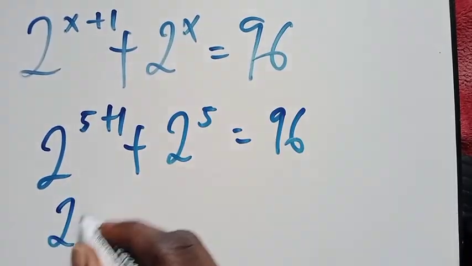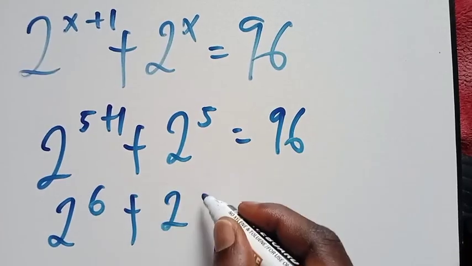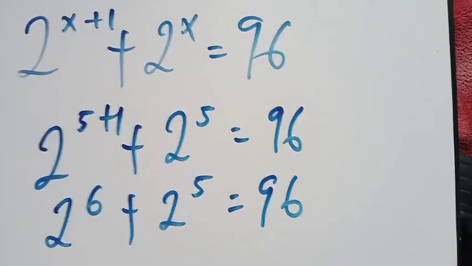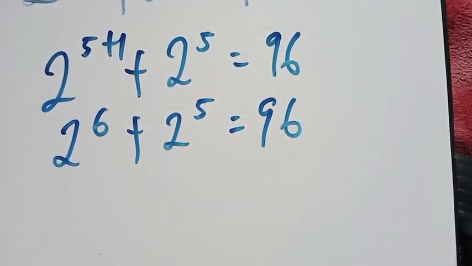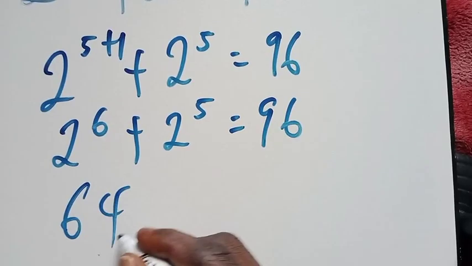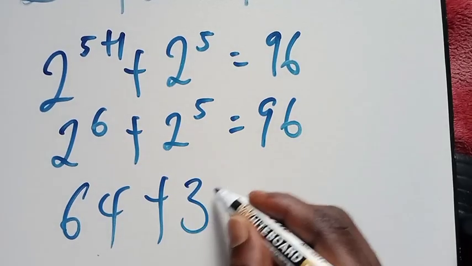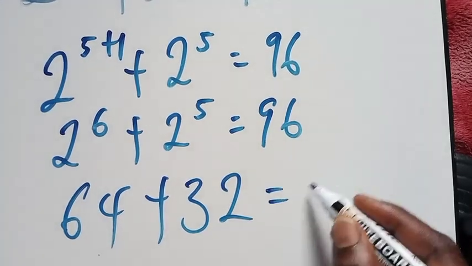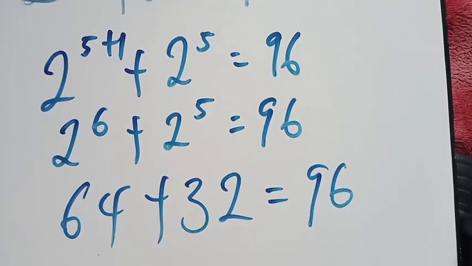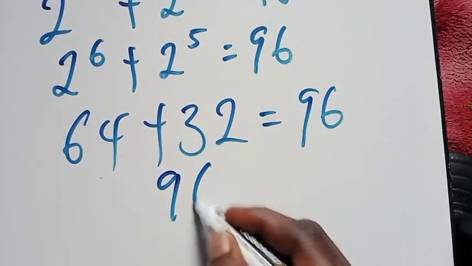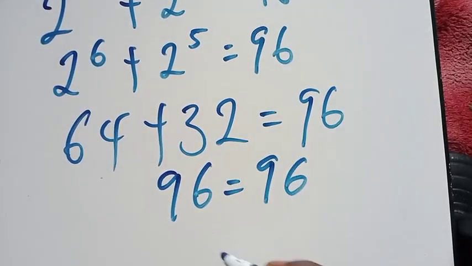So this is 2 to the power 6 plus 2 to the power 5 equal to 96. 2 to the power 6 is 64, plus 2 to the power 5, which is 32, equals 96. So 96 is equal to 96. This proves our equation.